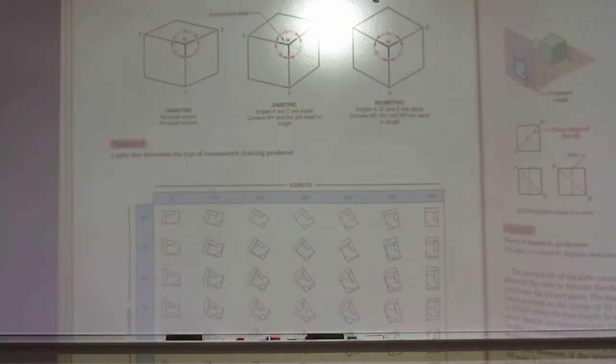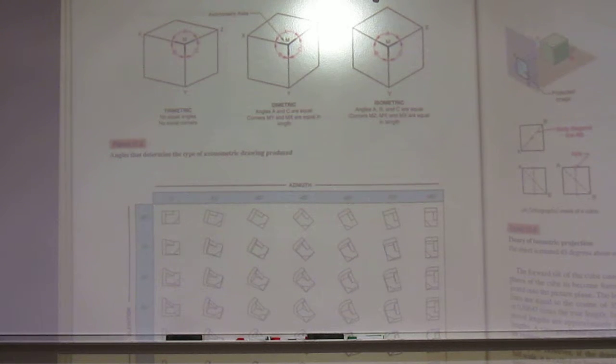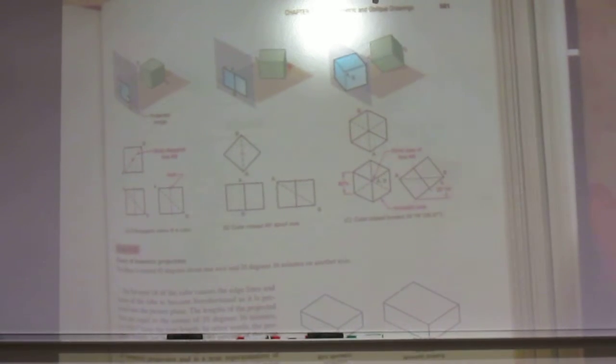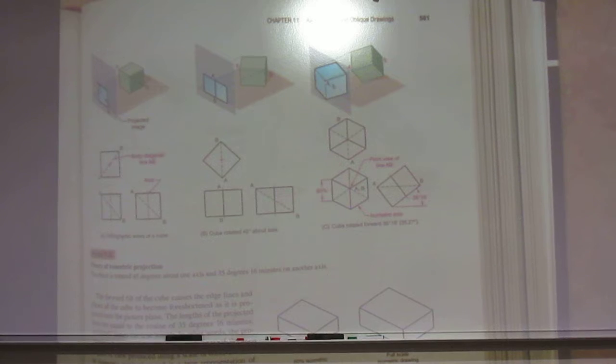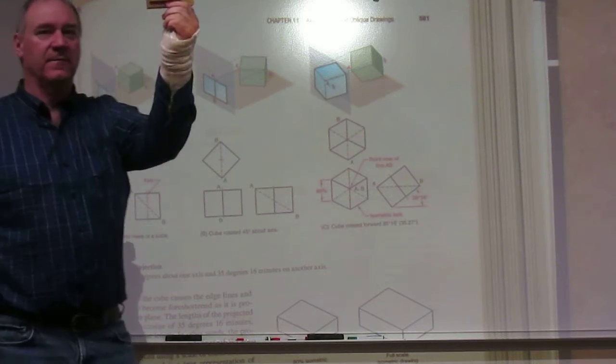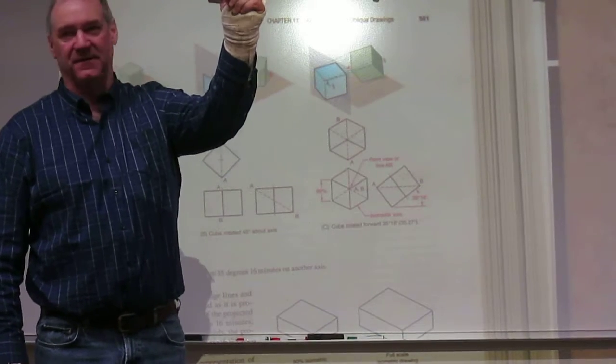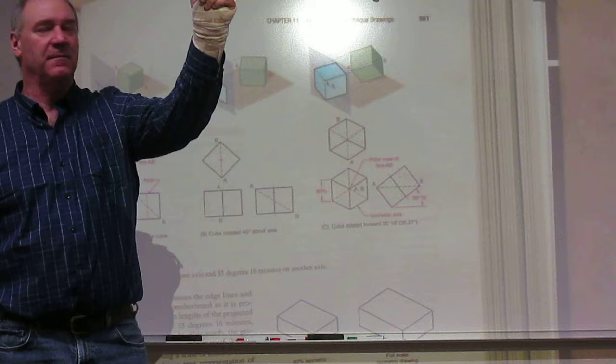Where do they show that figure? It's on page 581, figure 11.5C. So keep in mind, when you're doing orthographic projection, that's what we're doing. We rotate it 45, and then we tilt it 35 degrees, 16 minutes.